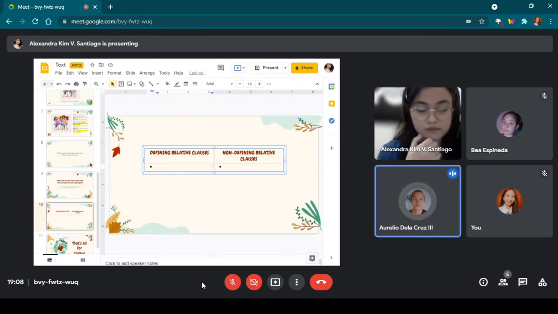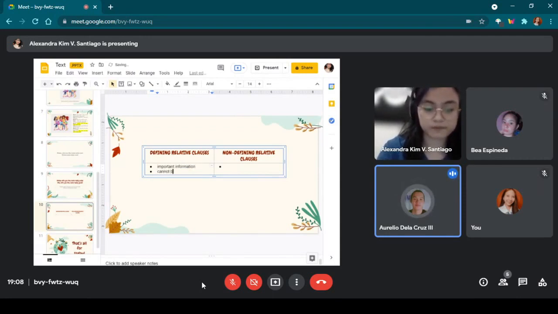The defining relative clauses are important information, and if it is removed from the sentence, you will not be able to identify who or which is being talked about in the sentence. While non-defining relative clauses are separated by a comma, and it just adds extra information. So even if it is removed, the sentence will still make sense.